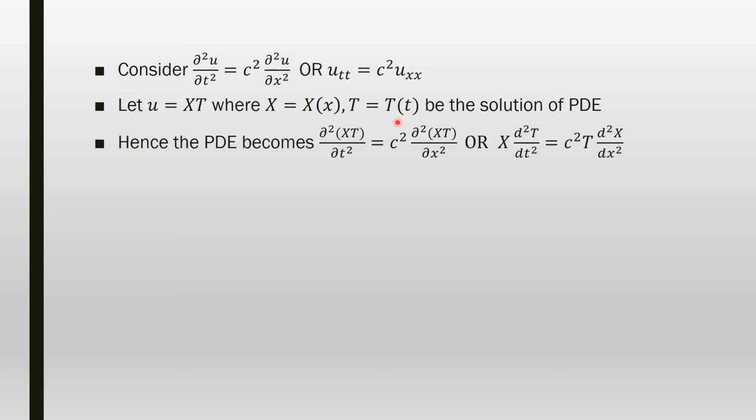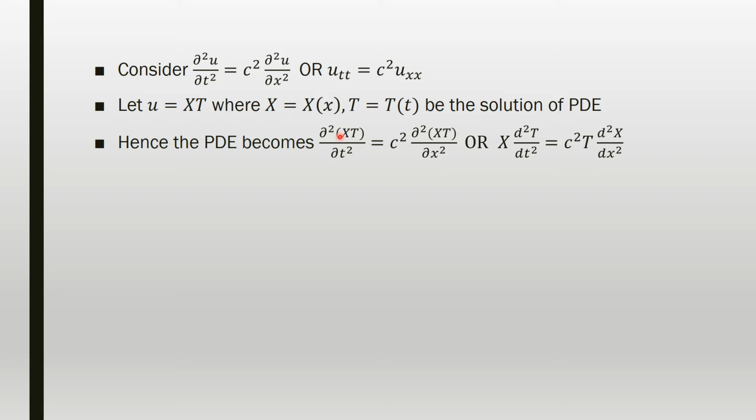Hence, substituting u = XT in the given PDE, we get ∂²(XT)/∂t² = c² ∂²(XT)/∂x², because u is replaced by XT. Look here, X is a function of x only, that means there is no t term in capital X. Therefore, we take this X outside the derivative.